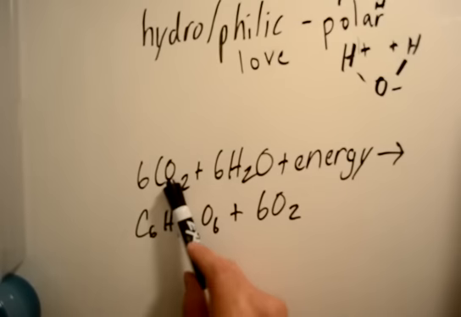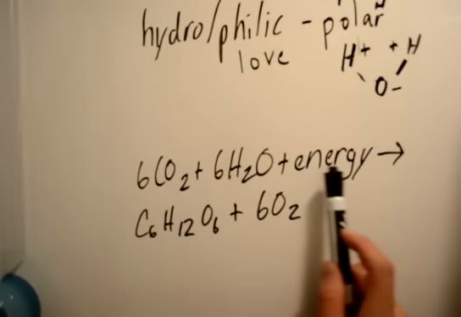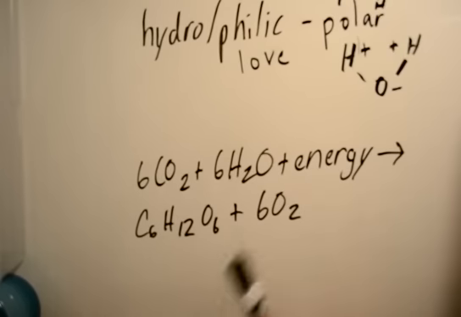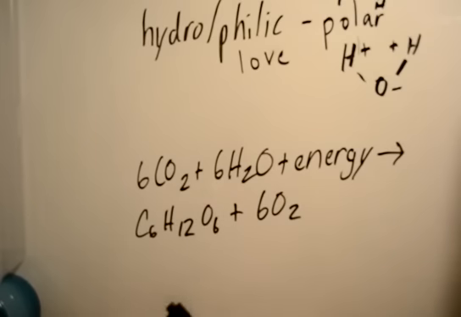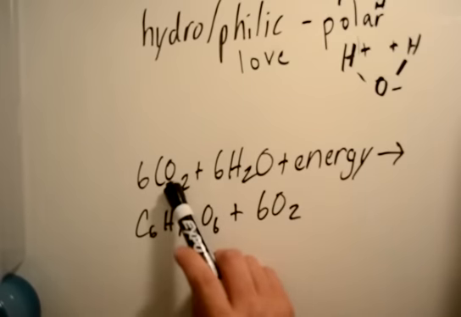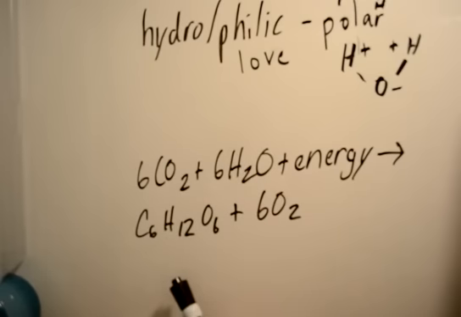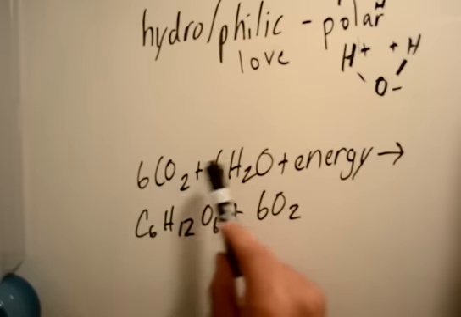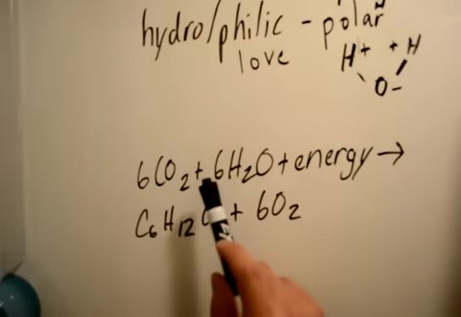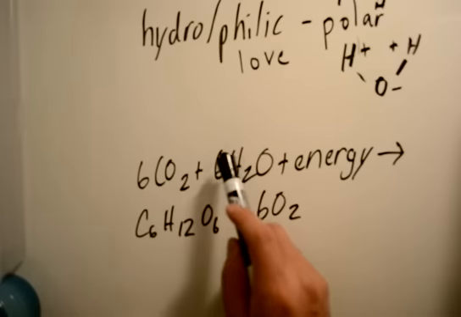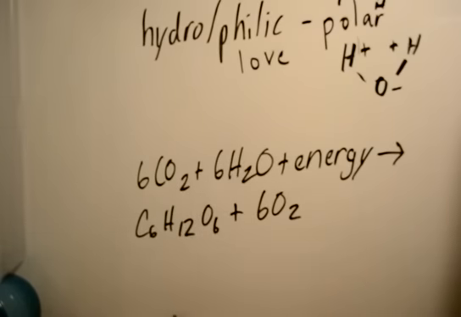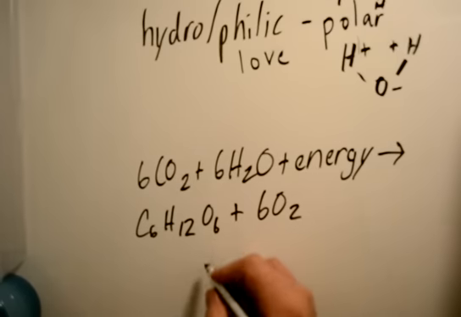So you look at carbon dioxide plus water and energy makes glucose, and it makes 6 molecules of oxygen. So in other words, this is photosynthesis. So in this instance here, we're taking 6 molecules of CO2, we're taking 6 molecules of water, and we're making glucose. Now we know that CO2 and water compared to glucose are much smaller molecules. So in this instance here, we have 2 small molecules building up a larger molecule. So this must be a condensation reaction.